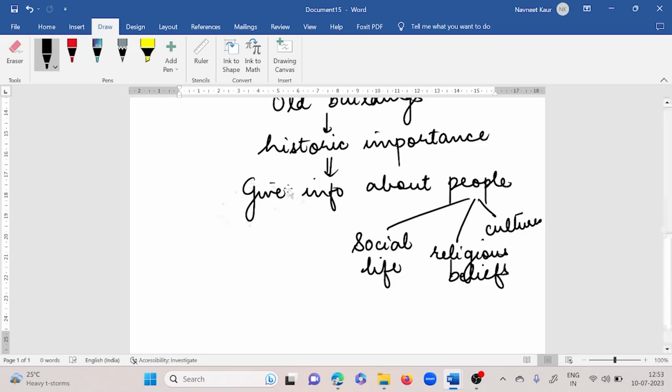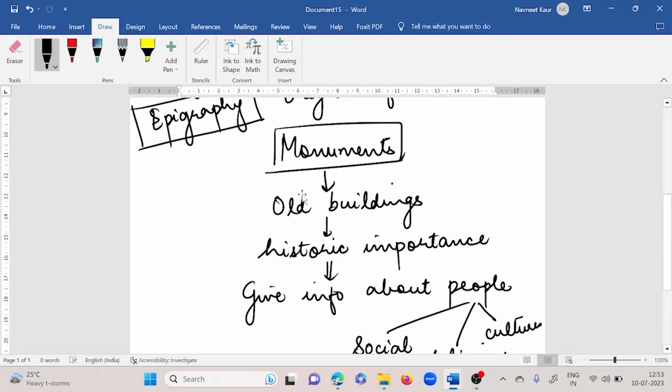So old buildings of historical importance are known as monuments. What is the definition of monuments? These two lines. Number one, you have to write old buildings. Number two, they must carry some historical importance. So old buildings of historical importance are known as monuments.